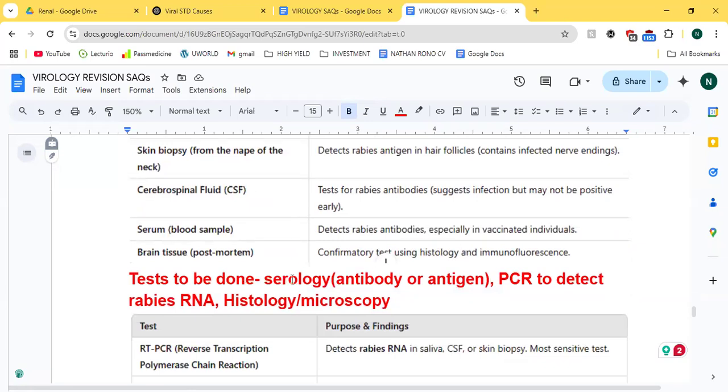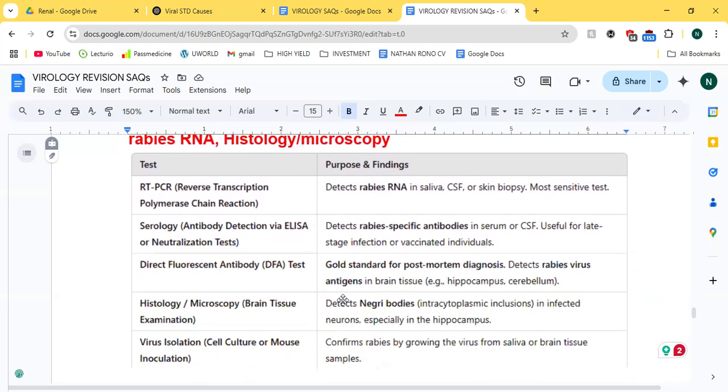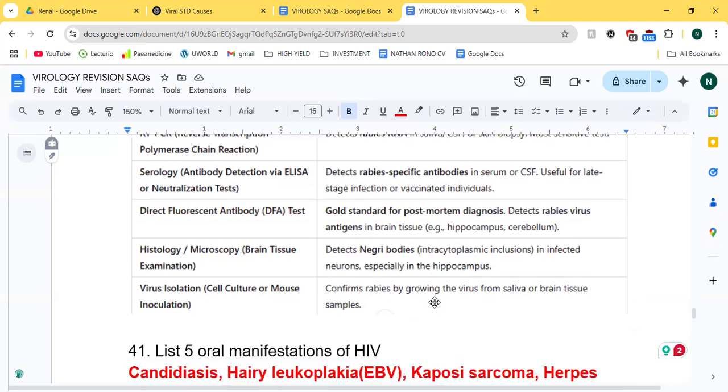The tests to be done, as I said, are serology, antibody and antigen, and PCR to detect the genetic material, in this case RNA. So here are the reasons you can check. This Negri body is very high yield for rabies. They are intracytoplasmic inclusions, usually found within the brain.